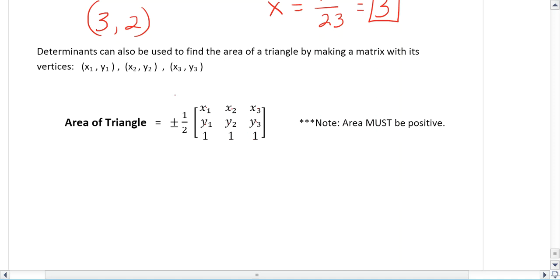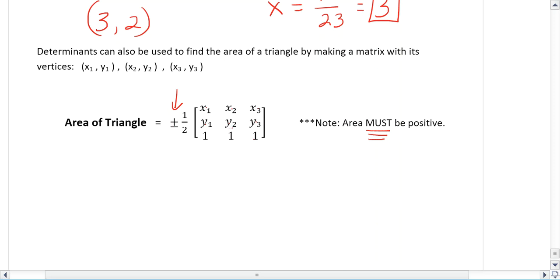Now, you may ask, what's the deal here with this plus minus? Well, when you find the determinant of a matrix, we already had an example in our notes where the determinant was a negative number. But we know that area is a measurement, so it absolutely must be positive. So this plus minus is here for you to use.